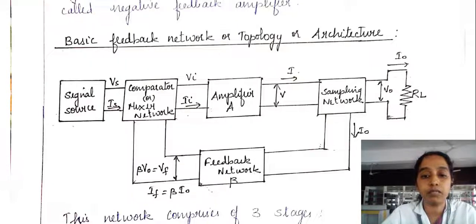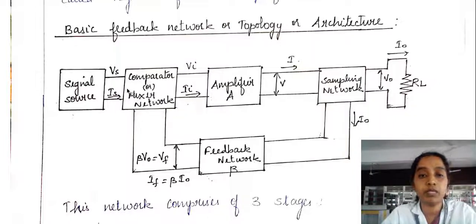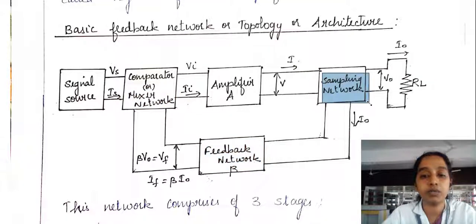Part of the sample is sent as feedback and the remaining we get as the output. So in this block diagram I have three networks: the mixer network, the feedback network, and the sampling network.